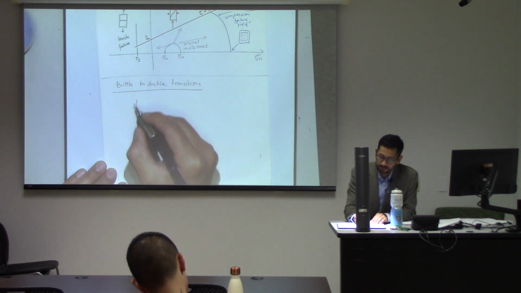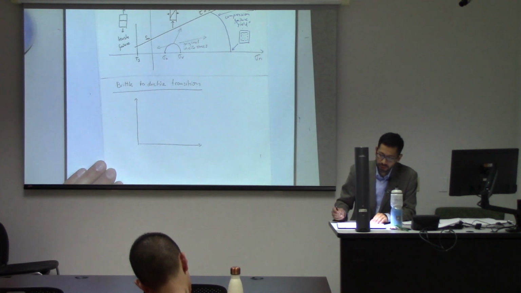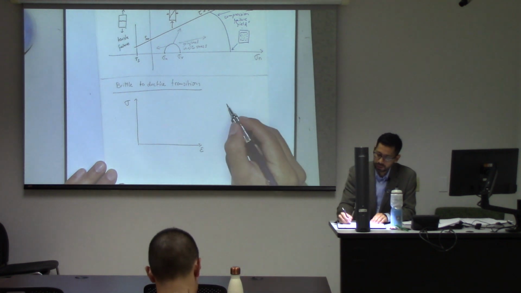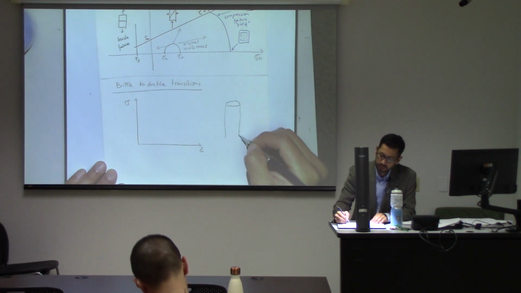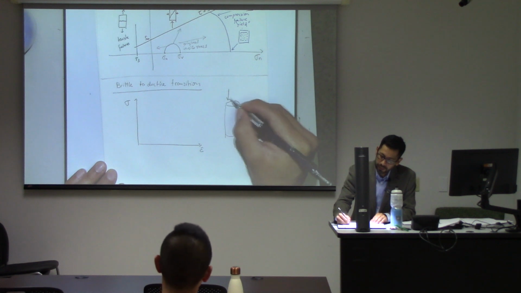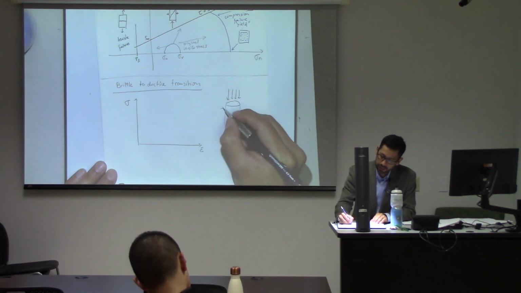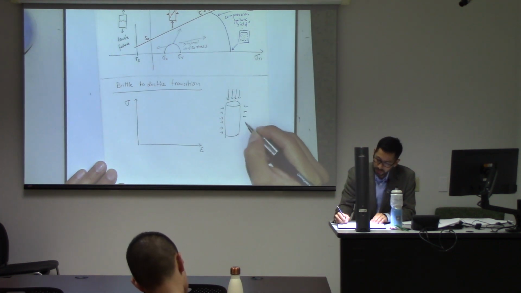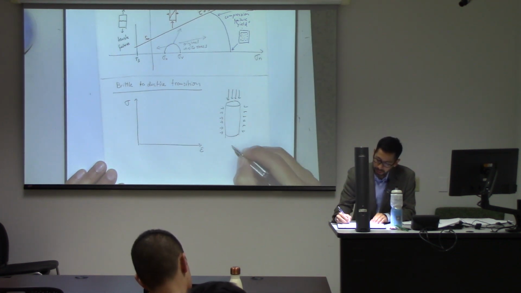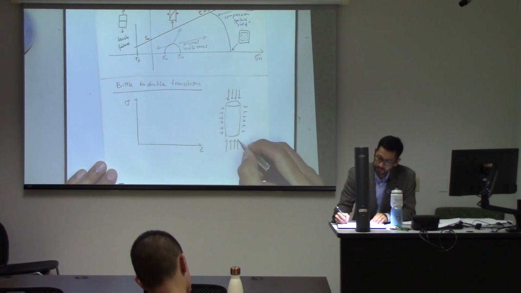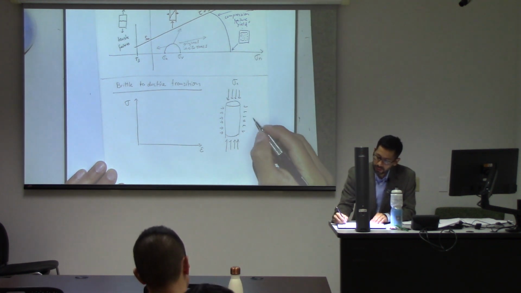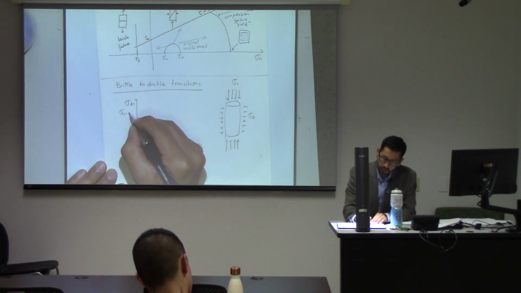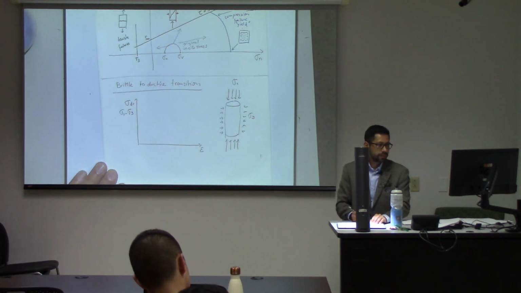What is a brittle failure? Probably you all know about this. So let's say I have a solid that I'm failing under a triaxial stress condition, where this is sigma 1 and this one is sigma 3 and this one is sigma d equal to sigma 1 minus sigma 3.